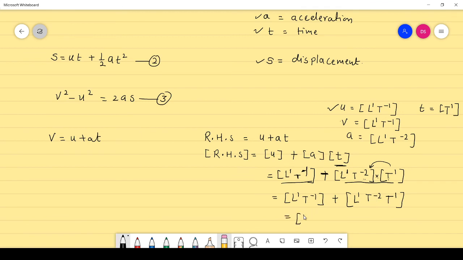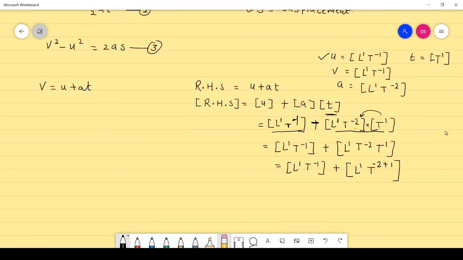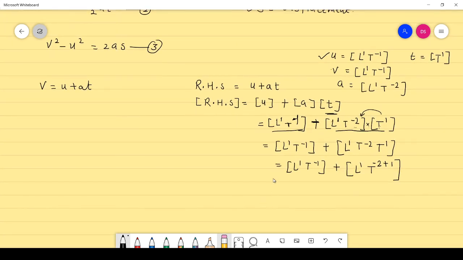So L raised to 1 T raised to minus 1 will be as it is, plus L raised to 1, T raised to minus 2 plus 1. The bases are the same, so the indices get added or subtracted. Now this term L raised to 1 T raised to minus 1 will be as it is, plus L raised to 1 as it is, T raised to minus 2 plus 1, that means 1 minus 2.